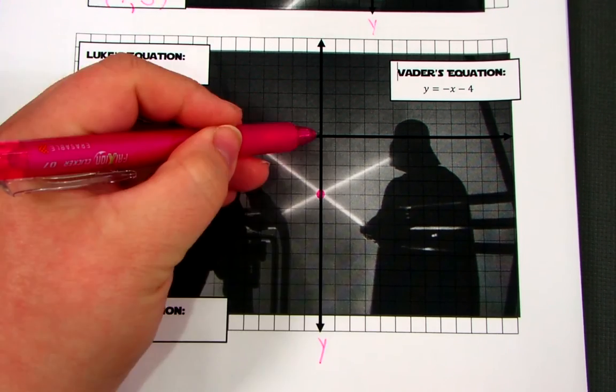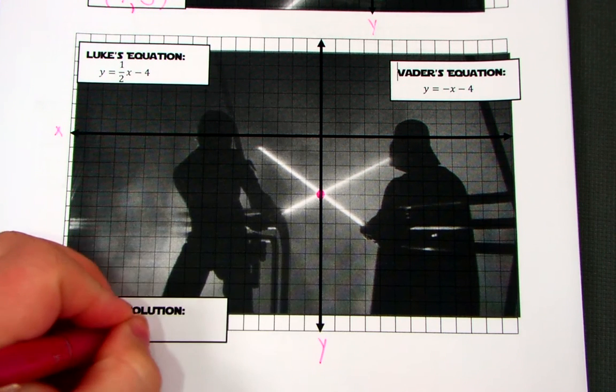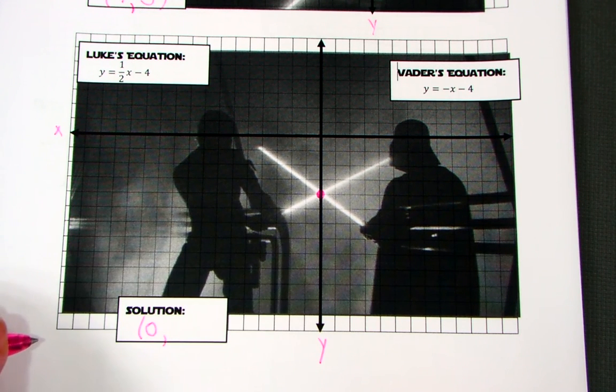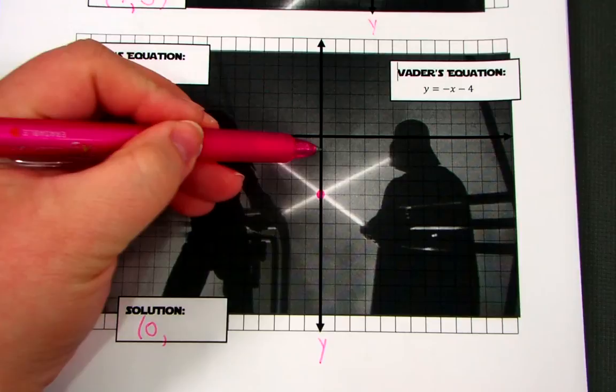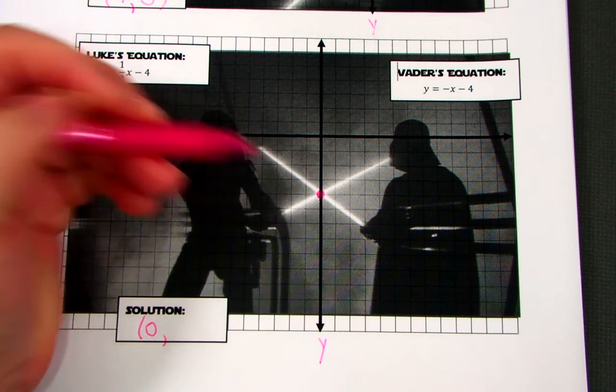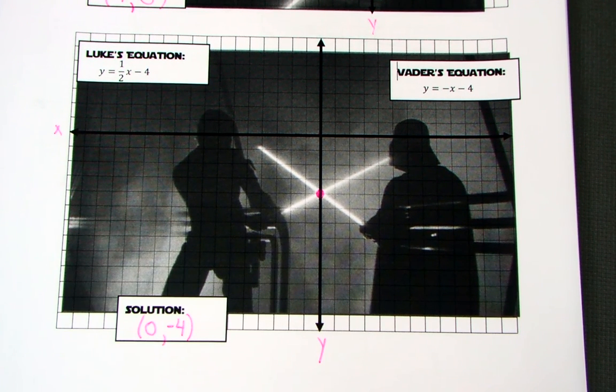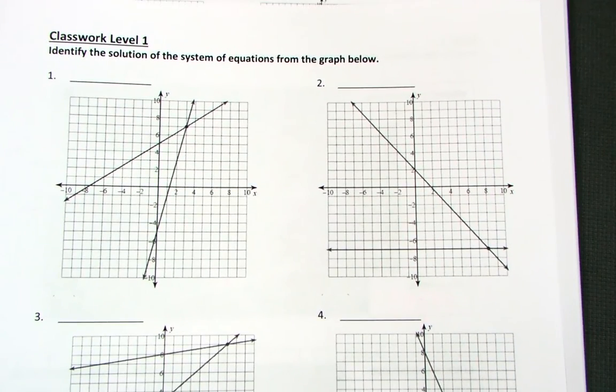X doesn't move off of the middle, so it's at 0, parenthesis, remember, comma. And then I count down 1, 2, 3, 4. So 0, negative 4 is my solution. Okay, take a minute before you move on to level 2 to work through the 4 problems on the classwork.